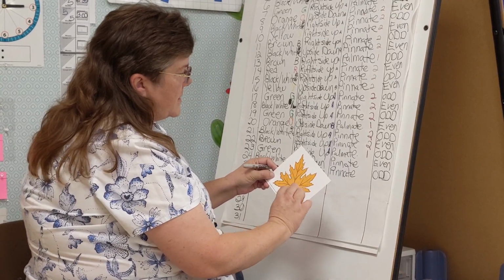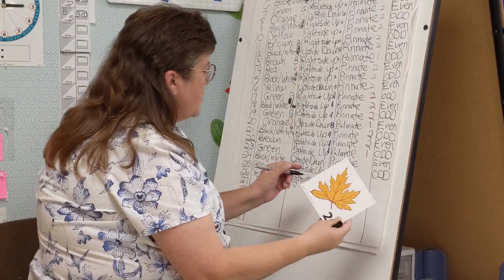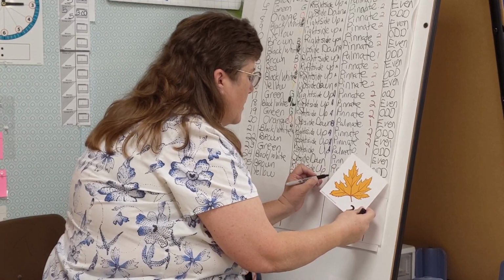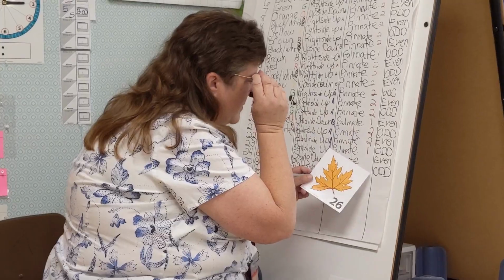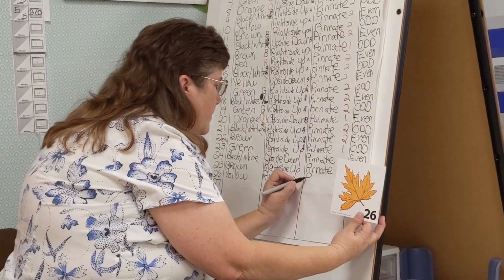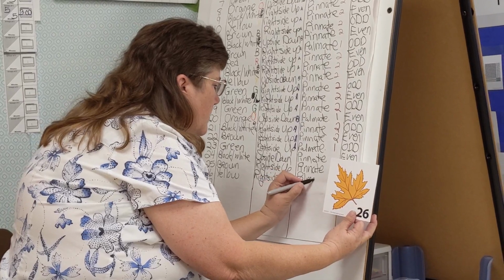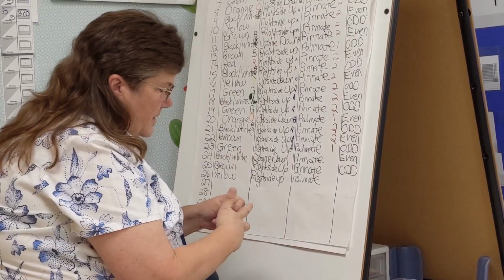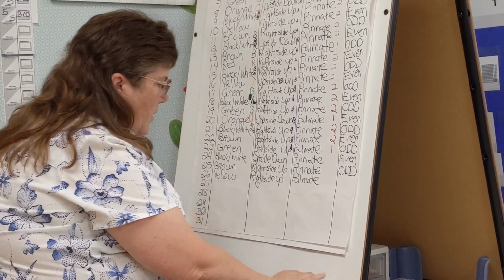And this one, it's got that central vein coming straight up. And this one is a pinnate. Okay, we'll hold off on the odds and even for just a second until we get to our array. Let me stick these back.